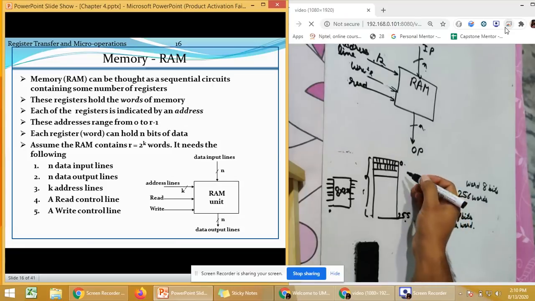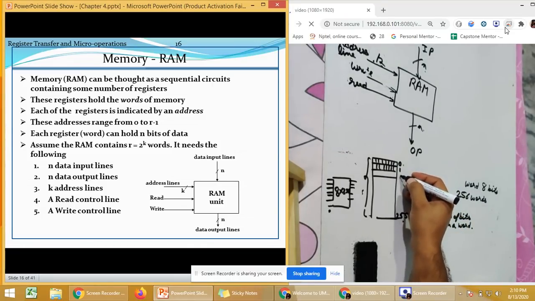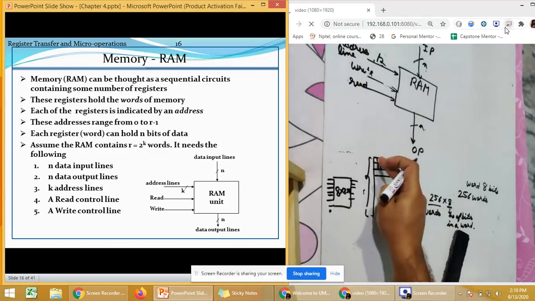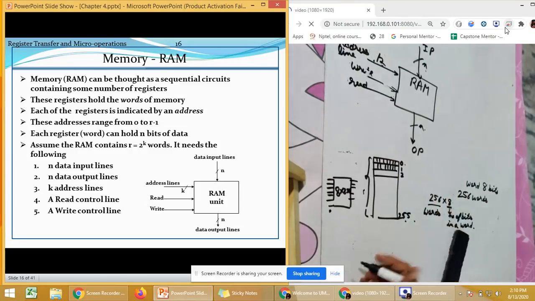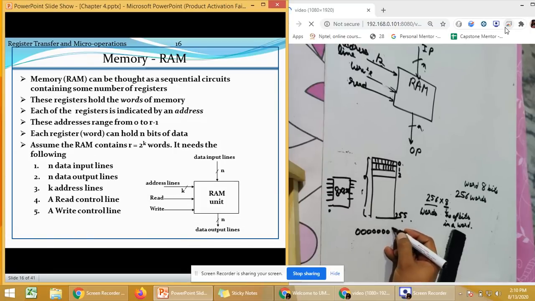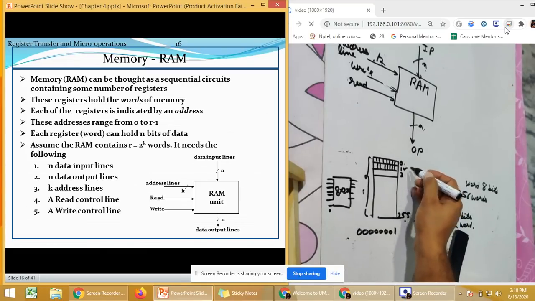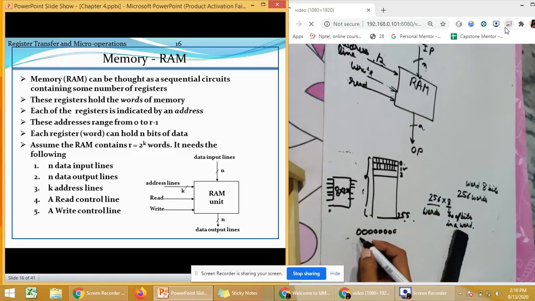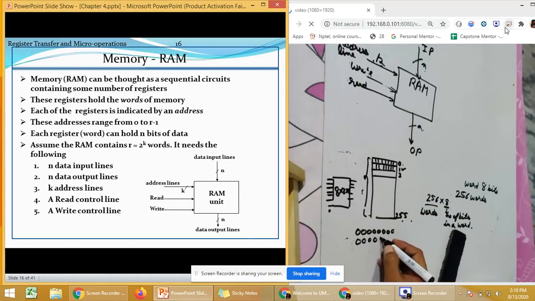So we will be able to refer to them like this: this is 0, this is 1, this is 2, this is 255. If we want to refer to this first one, how will I refer to it? Like this: 00000000. Next, to refer to the second one, 00000001.